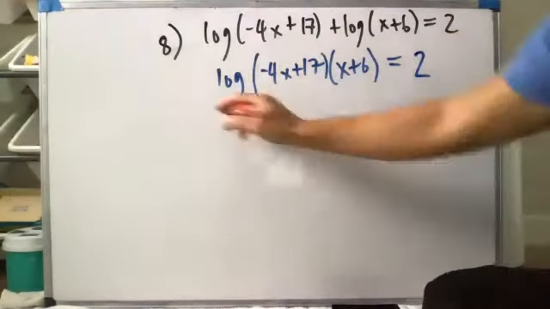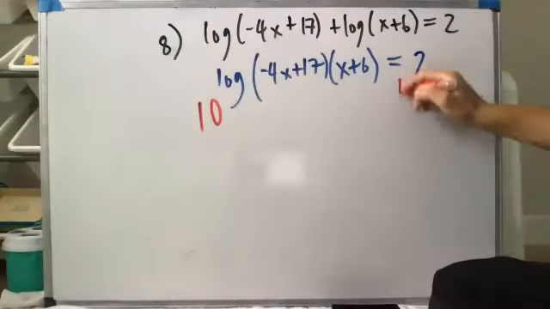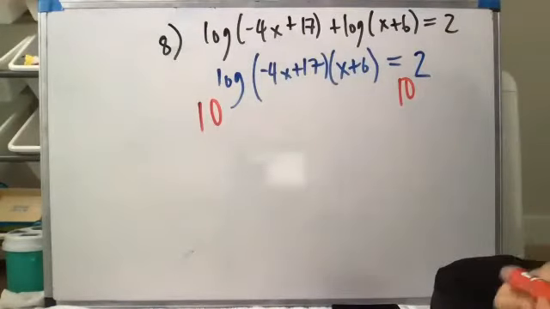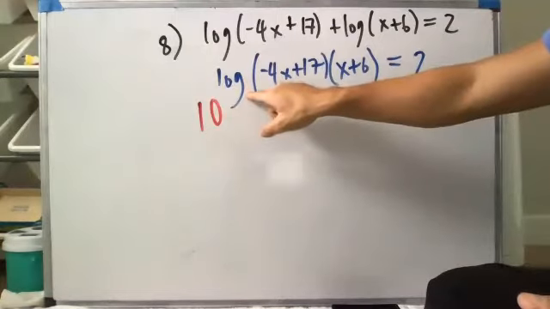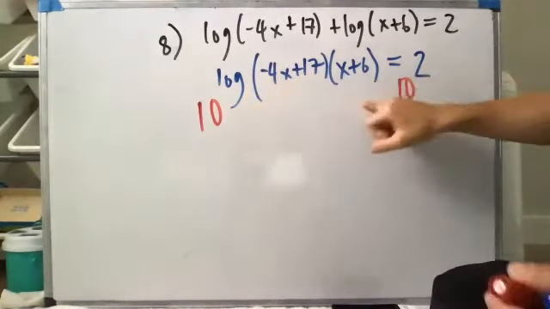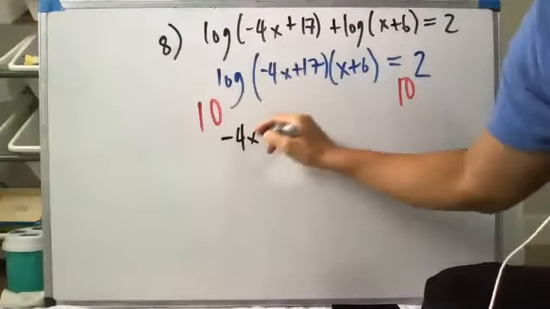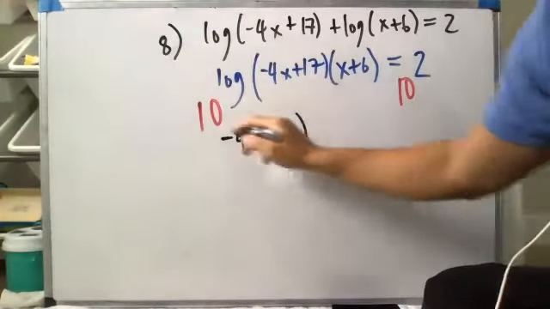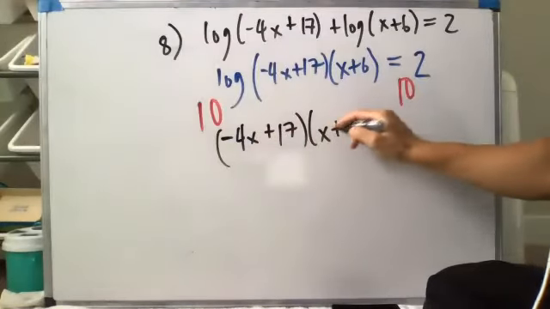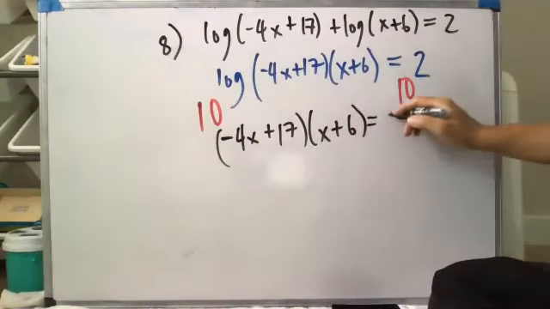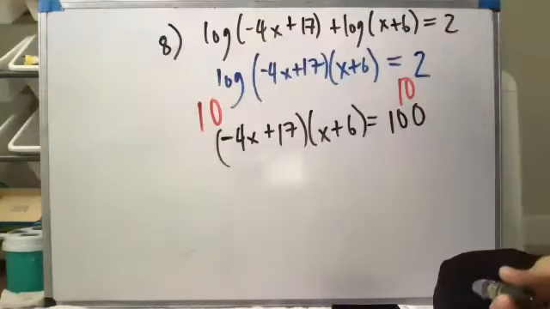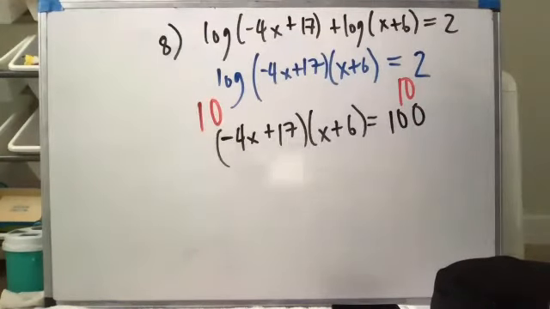All right, then we're going to take 10 to both of these as exponents. This is really a hidden 10 here, so that's going to pop this whole thing out. Negative 4x plus 17 times x plus 6 equal to 10 squared, which is 100. It's looking a little bit ugly, but that's okay.